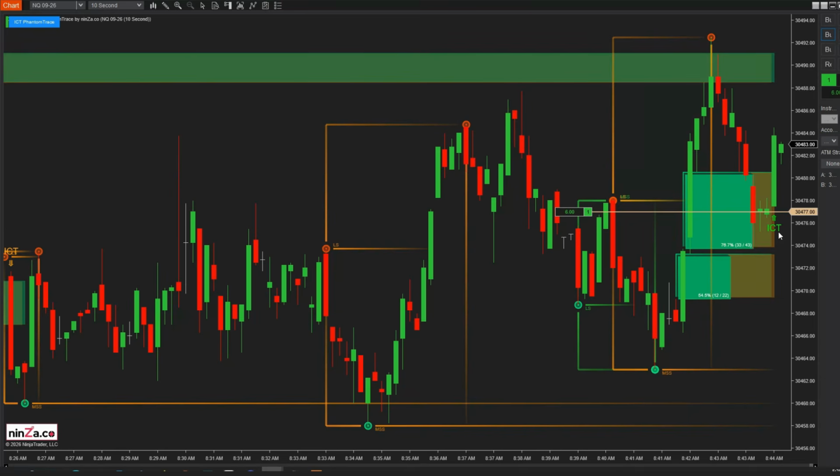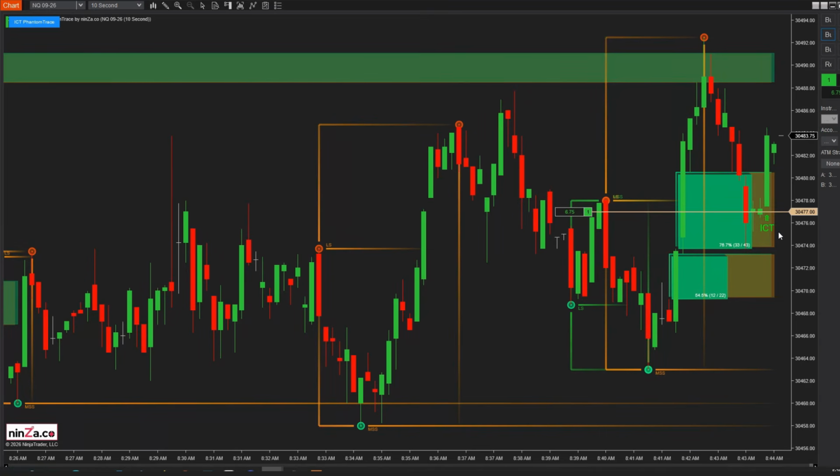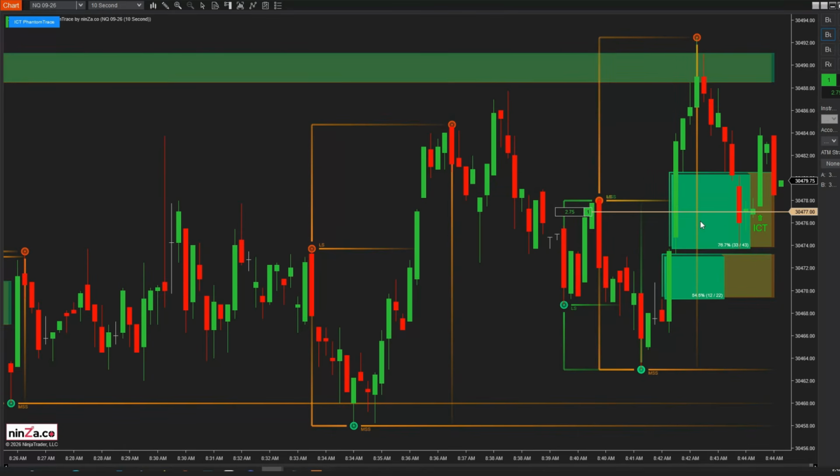So this software does generate signals. To me, the signal is not the most important thing. The value of this tool is identifying market structure and who is in control. And this tells me that buyers are in control. So signal or no signal, I'm definitely looking long.